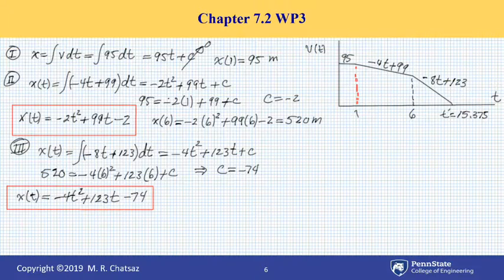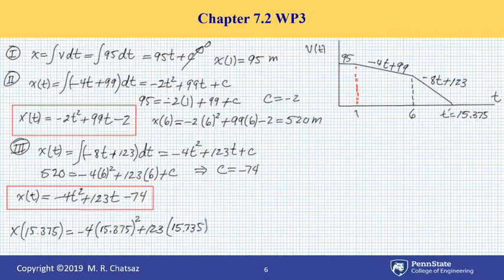We have the equation, we have the corresponding time, so I can plug in 15.375 in this equation: minus 4 times 15.375 squared plus 123 times 15.375 minus 74.